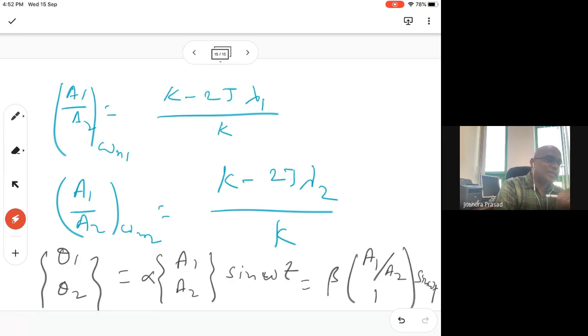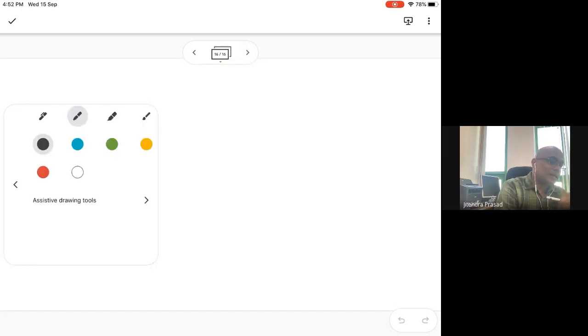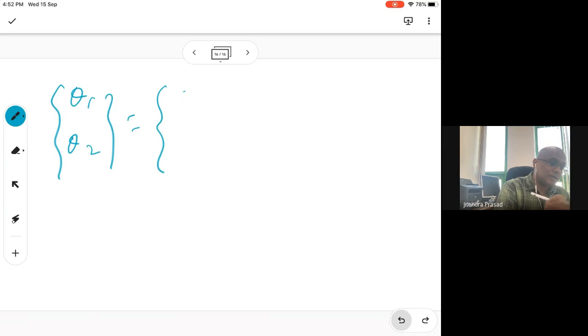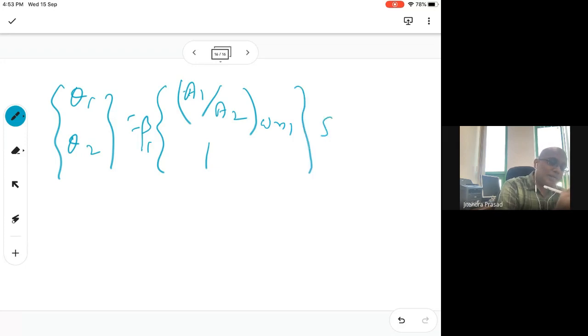In general you can say theta 1, theta 2 can be like this: beta 1, and then a1 over a2 and 1, and this is for omega n1. And here it will be sine omega n1 t.